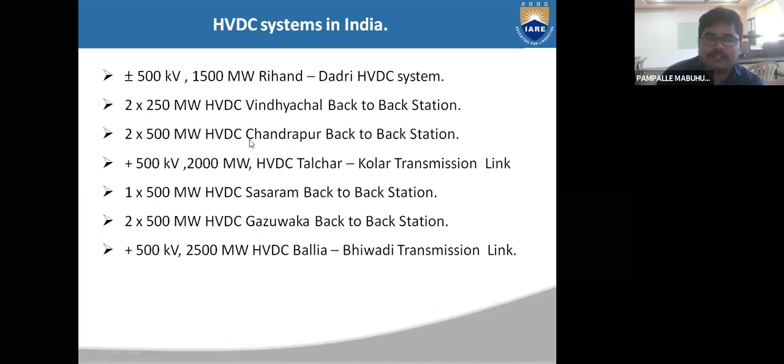Another HVDC transmission system present in India is at Chandrapur, which is also a back-to-back station only. Another one is between Talchar and Kolar, where you have one HVDC transmission line whose voltage level is 500 kilovolts and power rating is 2000 megawatts.